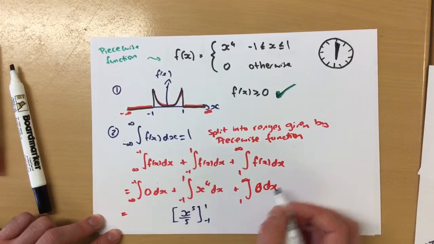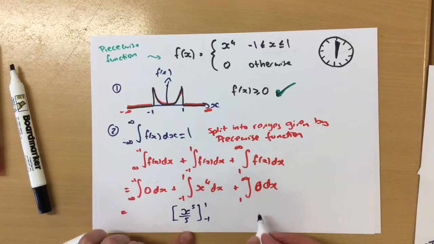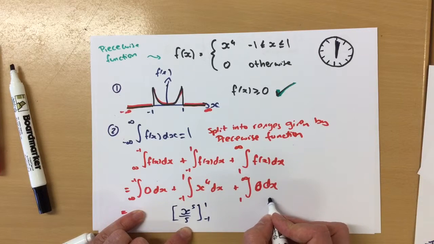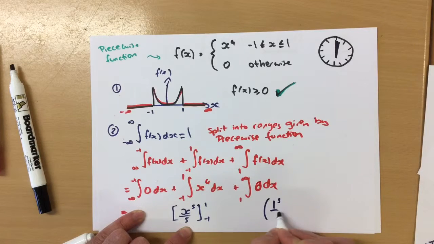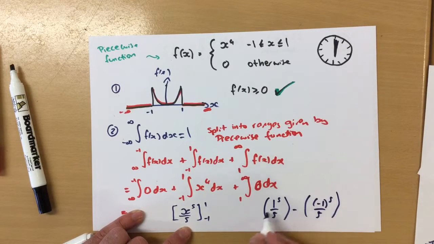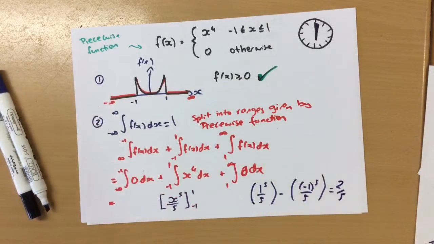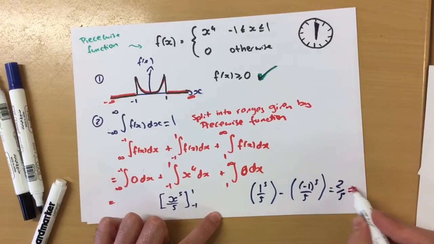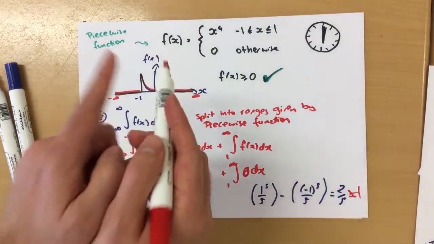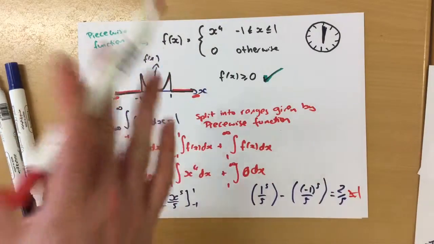Make sure you always work down your page though. We're going to have 1 to the power of 5 over 5, take away negative 1 to the power of 5 over 5, which is a fifth plus a fifth, which is 2/5. That does not equal 1. So the area under this graph is not 1, therefore this is not a probability density function.